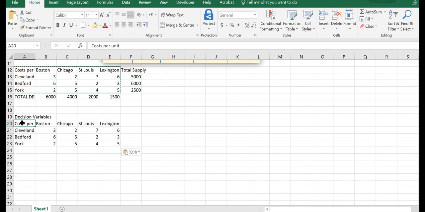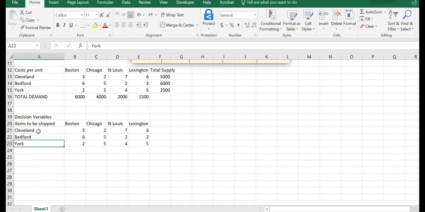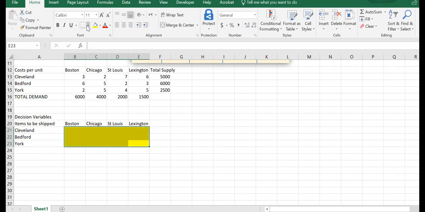And then the cost per unit, I'll change to items to be shipped, from each origin to each one of these centers. And then I'll highlight that. So 12, 3 by 4, decision variables.